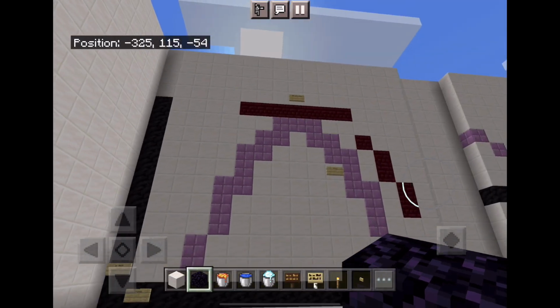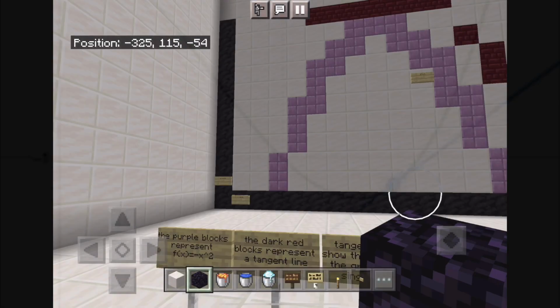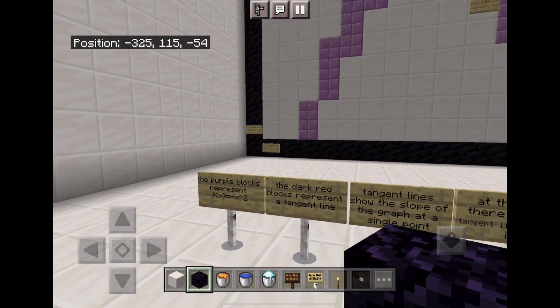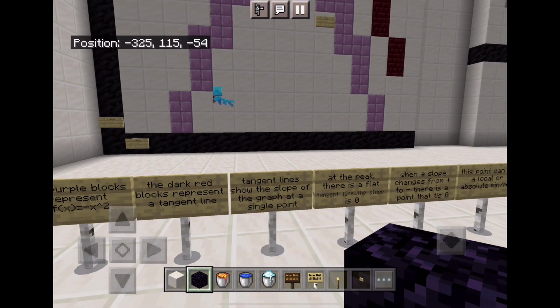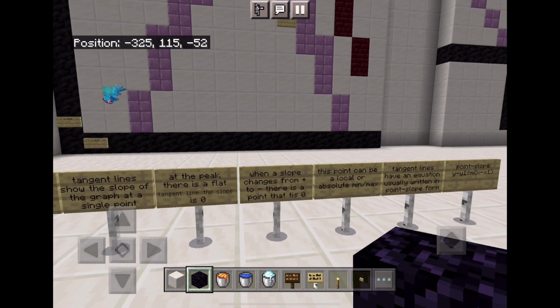Anyways, so this graph represents a regular parabola, and this dark line is its tangent line.